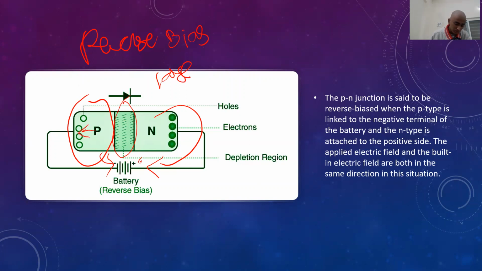The positive charges move towards the negative terminal and the negative charges move towards the positive terminal. Only a few electrons and positive charges tend to flow in the opposite direction. They form a large depletion region. The applied electric field and the built-in electric field are both in the same direction.